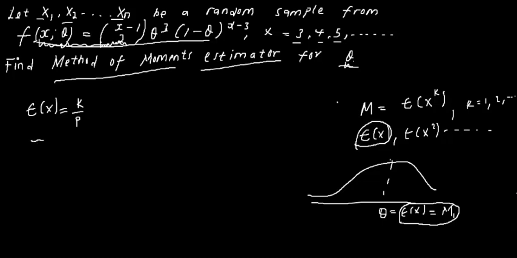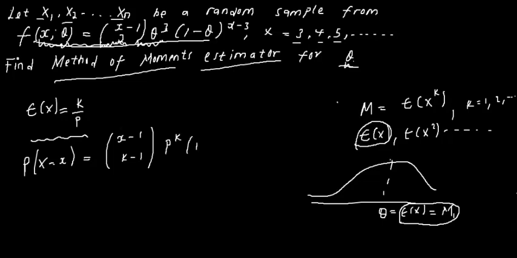What is the second thing that we need to do? If you notice in our distribution, we can't see clearly where k is as well as p. So we just need to rewrite the original form of this version of the negative binomial, which is x minus 1 choose k minus 1, then p to the power k, then 1 minus p to the power x minus k.